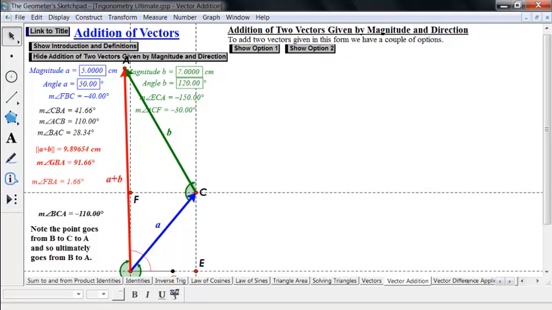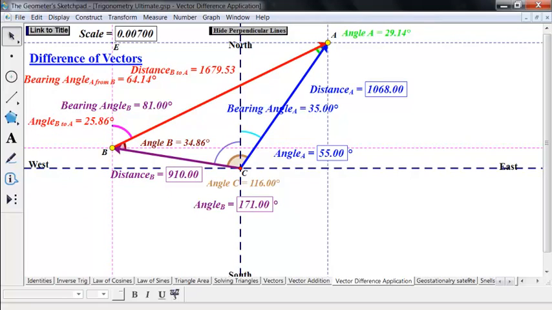Briefly, I want to show you one more tab. This particular tab is looking at the difference of two angles. Notice the way this is done. Watch the arrows. If I follow the purple B and then A, from C to B to A, this purple one first, then this one, purple plus red is blue.